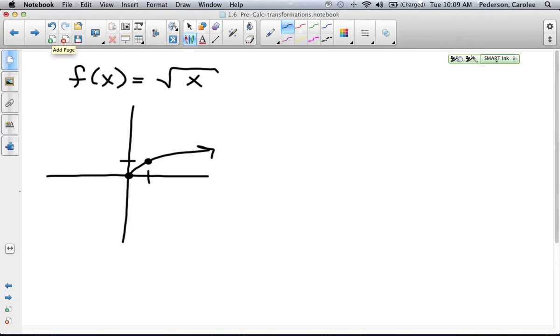Half a parabola. Now let's do a reflection about both axes. g of x equals the negative square root of x.